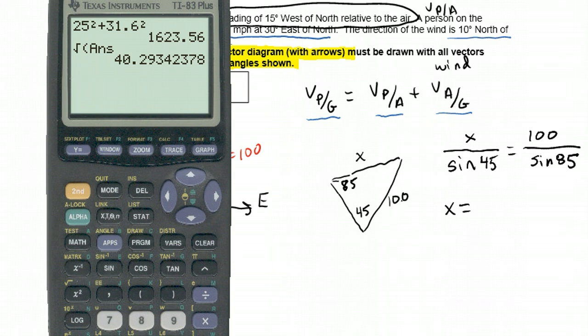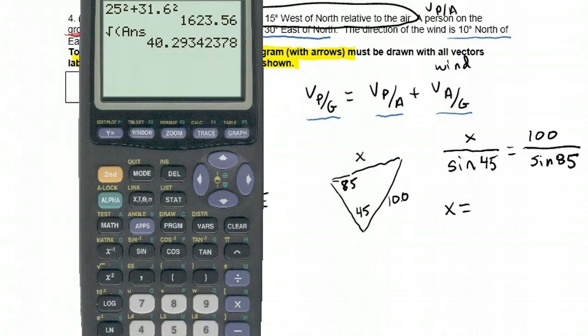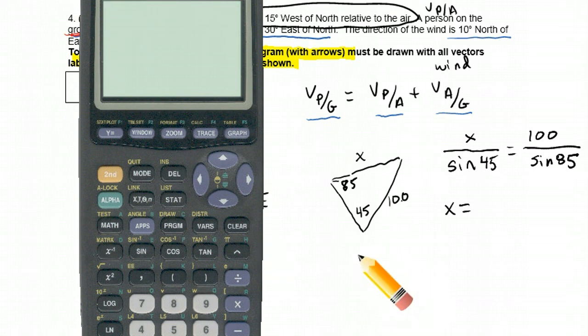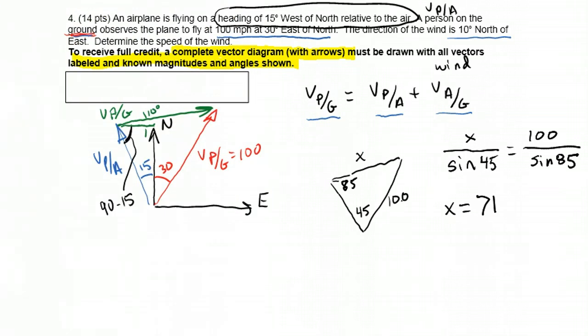That gives 70.98, or 71. So the magnitude of that side was 71.